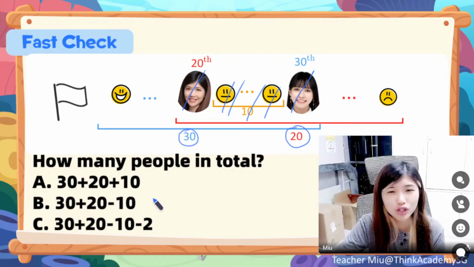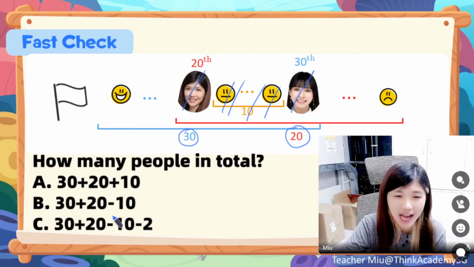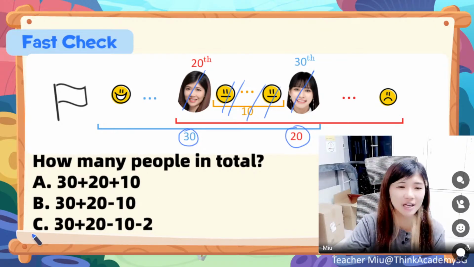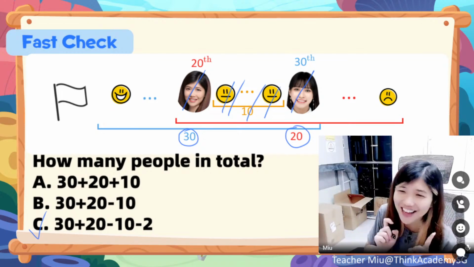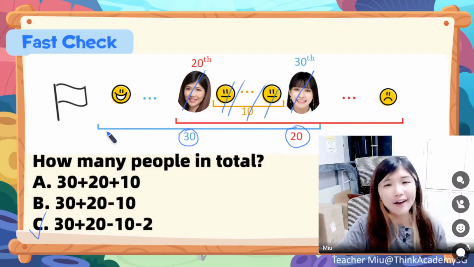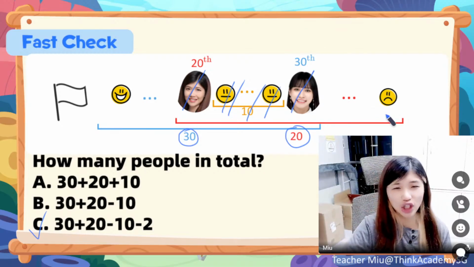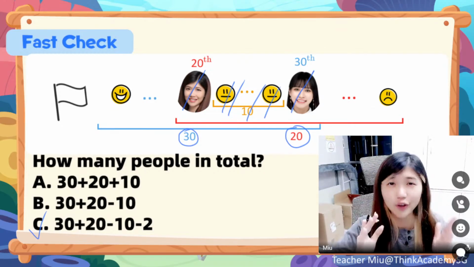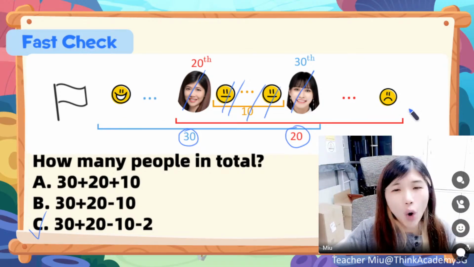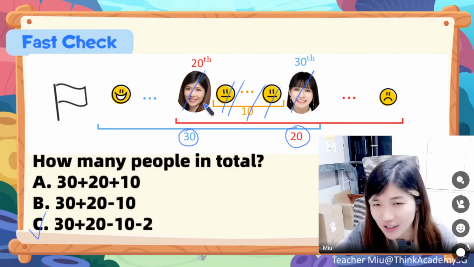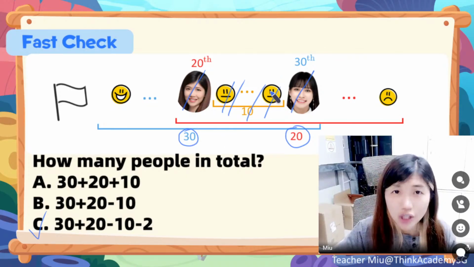So you shall take out the 10 and Charlene and Miu. So it's supposed to be C. This is a very, very difficult one. So guys, please pay attention. After drawing the queue, you need to be careful. What exactly are we looking for? If we are just looking for all together how many people, don't forget you count them twice when you add them up. So you take out the overlap.